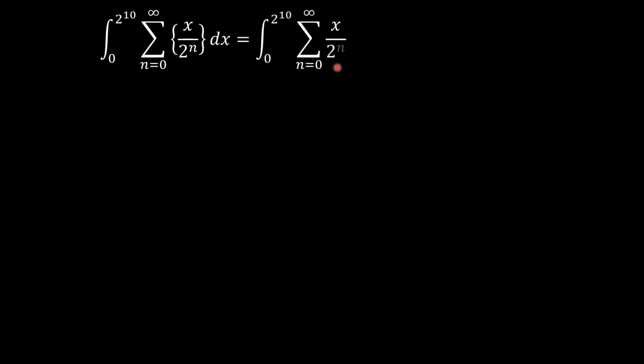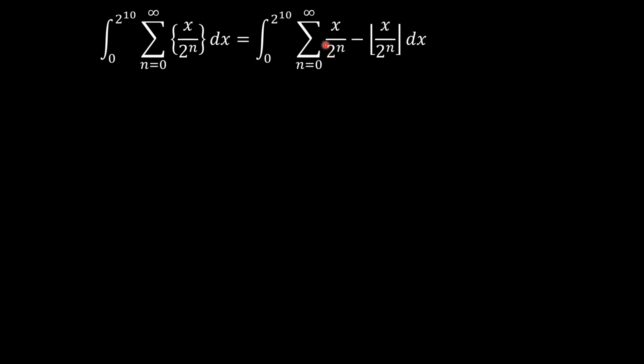So solving this integral would look something like this. So first of all, we get the summation of the actual function x over 2 to the power n minus the floor function of x over 2 to the power n.